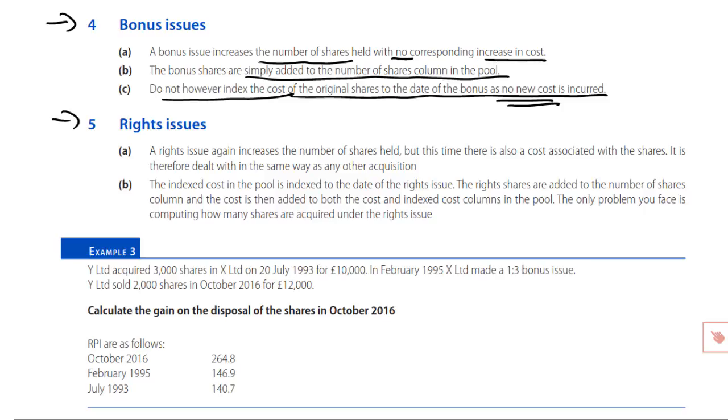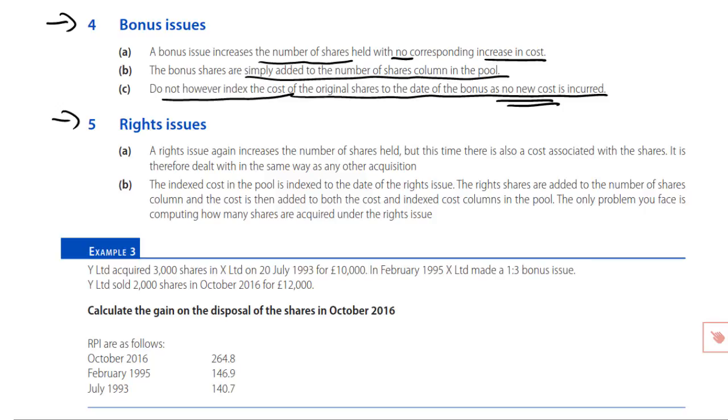All you then have to remember to do when you move on to either a subsequent and further acquisition or the eventual disposal is reindex from the last time that you reindexed, and that will not be the date of the bonus issue.